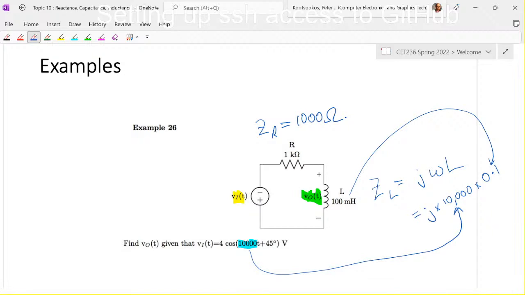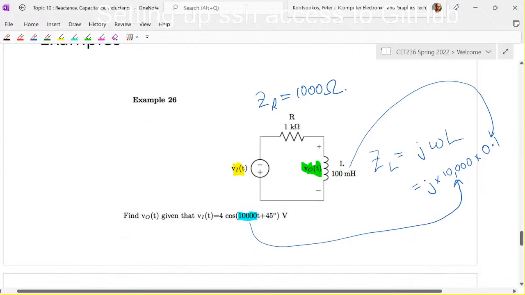Once we've made the only use of the frequency that is helpful, we can forget about it. What I mean by that is we can then write VI as being 4 angle 45 degrees.